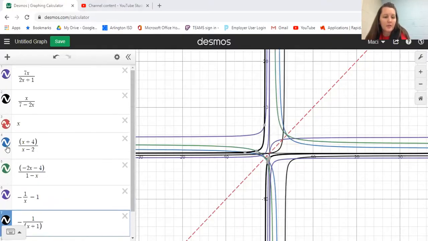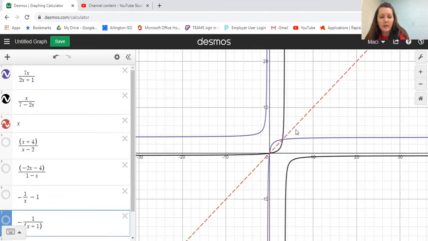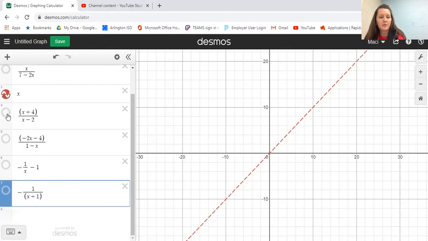Okay, here's all of our functions. It's a beautiful conglomeration. I put our reflection line here, y equals x, so you can see. Here's our first two, 7x divided by 2x plus 1, and then x divided by 7 minus 2x. You can see that they are reflected. Very nice picture there. Let's look at our number 2.